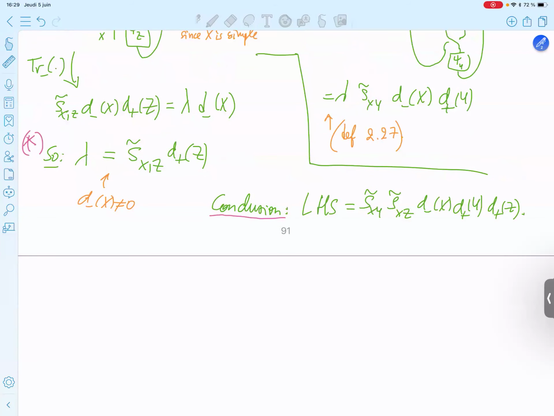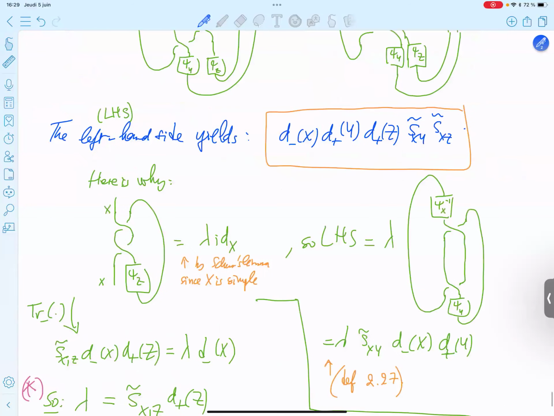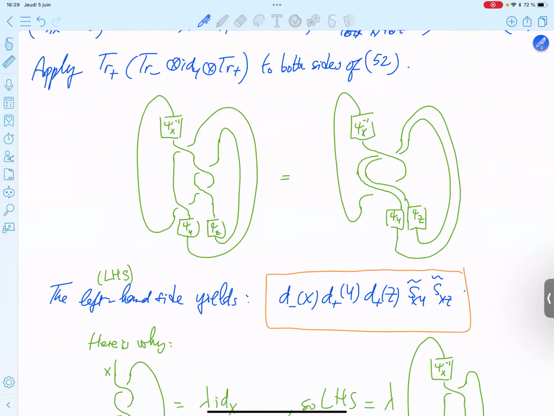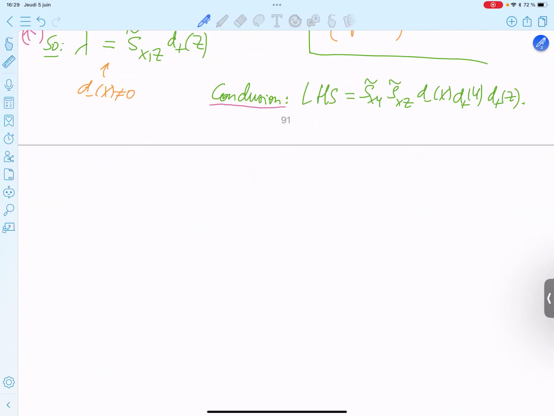So now what about the right-hand side? We want to evaluate this picture. We want a number for this picture. That will be a little bit more tricky, because we will need to use what is called the resolution of identity.